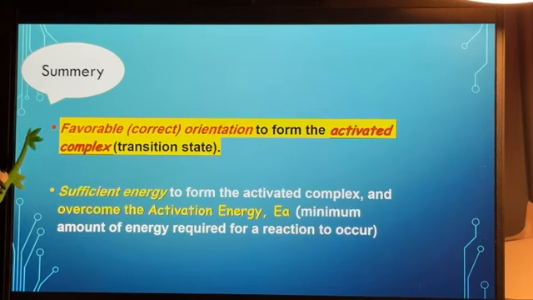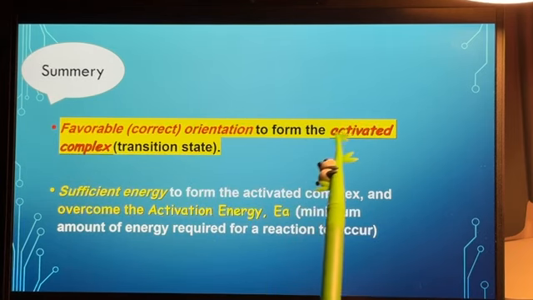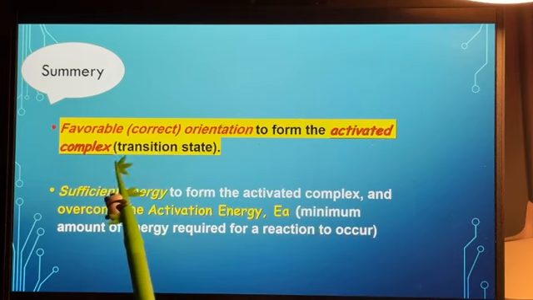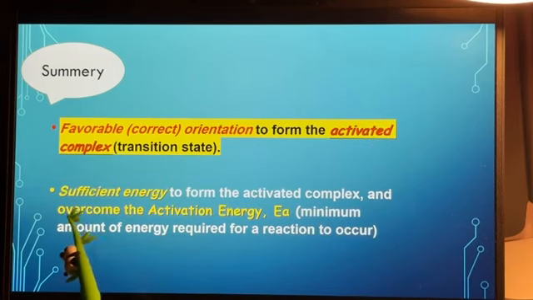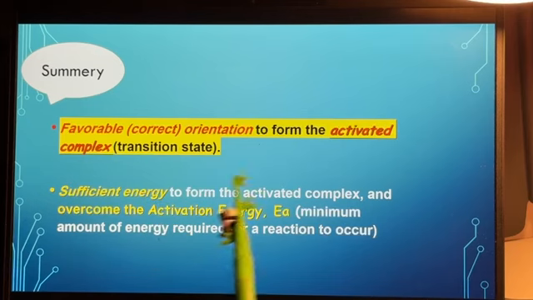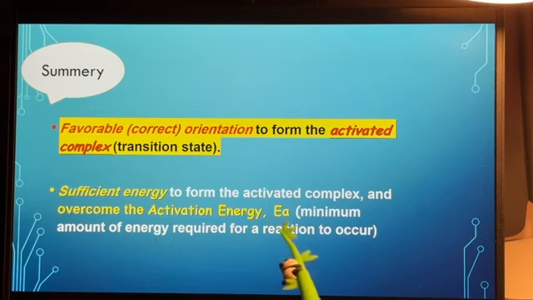So let us summarize what we learned today. For a favorable product formation, the correct orientation to form the activated complex in the transition state is important, and the particles should have sufficient energy to overcome the activation energy barrier, which is the minimum amount of energy required for a reaction to occur.